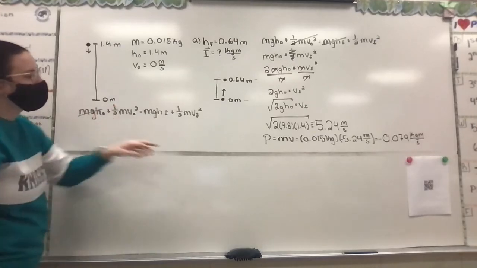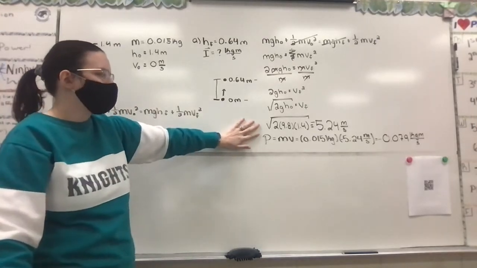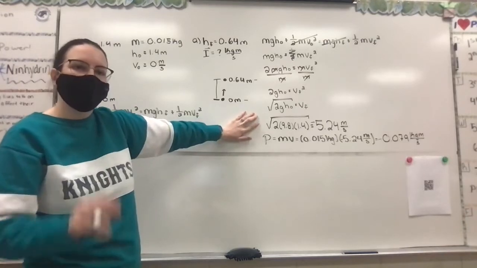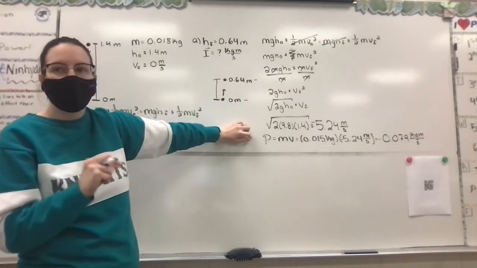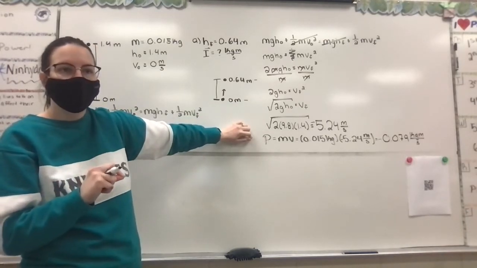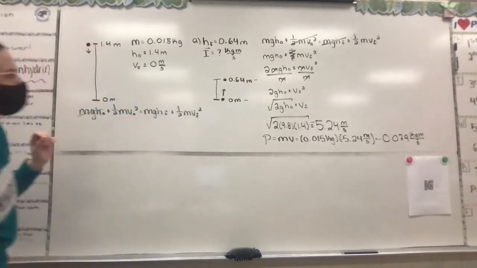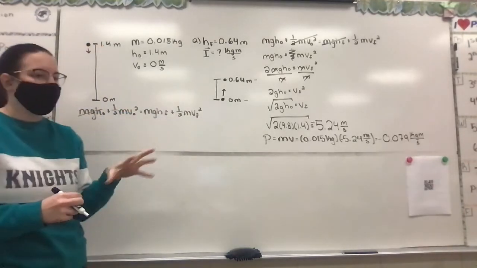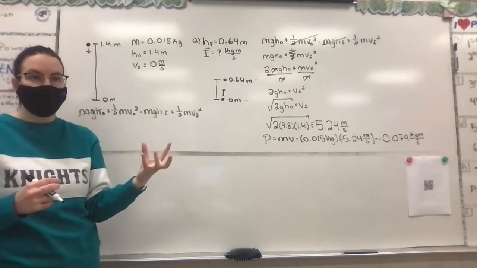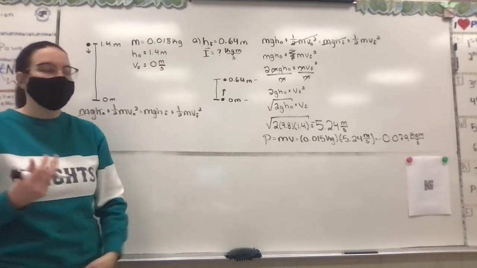Okay. When I was talking about this, did you notice I kept saying this is going to be the velocity right before we hit the ground, and this is the momentum right before we hit the ground? When we've talked about stuff in the past, like free fall and projectiles, think about projectiles specifically.